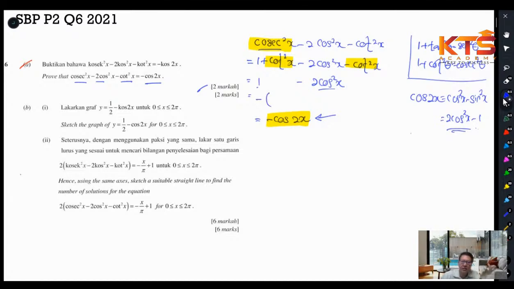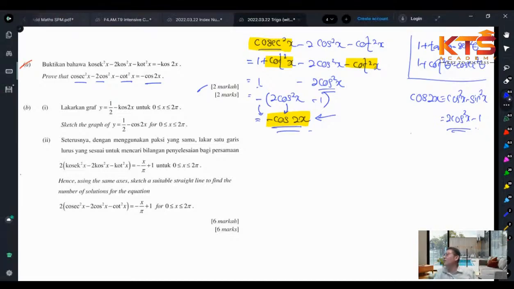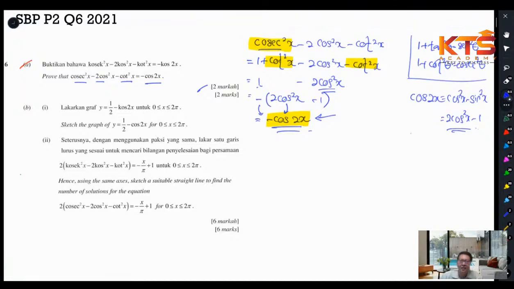So I will pull the negative out, then I'll get 2 cos square x minus 1. There you go, negative, and here is the answer. Finish. 2 marks. Done. Okay, is everyone here already? I think everyone is back. Recharge back your power already.